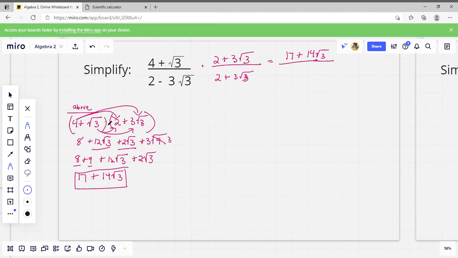Now I'm going to do my multiplication below. So these bottom ones: I've got 2 minus 3 times the square root of 3 times 2 plus 3 times the square root of 3. I'm just going to rainbow that.